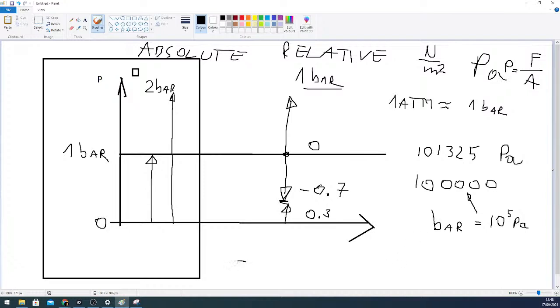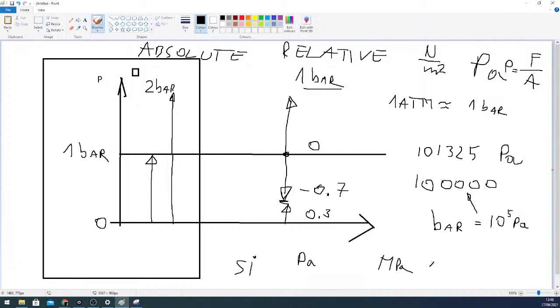If we talk about SI units, then we have Pascal, kilopascal, and megapascal. We usually don't use kilopascal, we usually use megapascal.